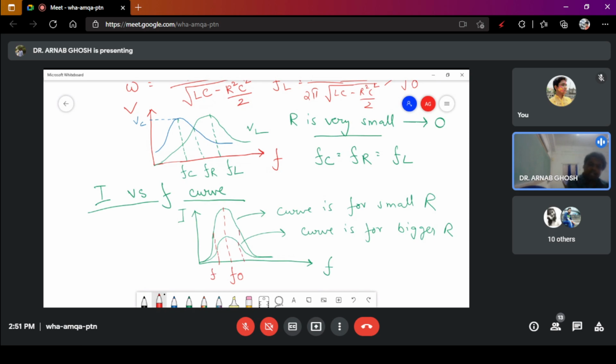One is stated as F1, one is stated as F2. These two, F1 and F2, are known as half power frequencies. Please note it down.